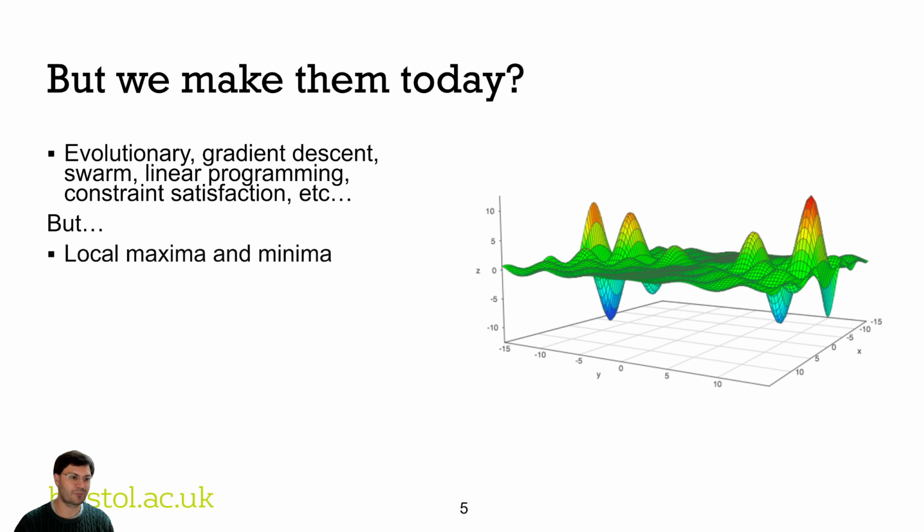But they can be troubled by local maxima and minima, so they might fall into a well here. This is an illustration of where you might go: you may be on this right optimum on the graph, but actually there's a much better optimum much further along. But of course you've fallen into that local space of, this must be the optimal result, but I didn't realize it's much further along in the design space.